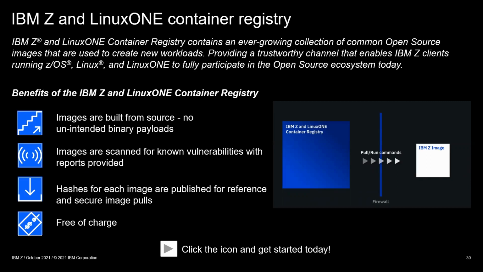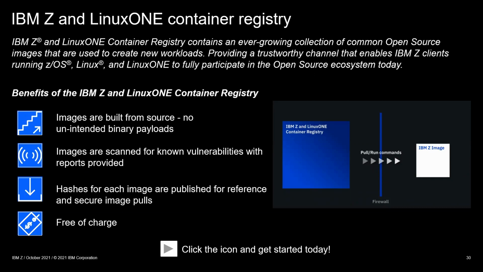And so IBM has provided a set of vetted images out there in the IBM Z and LinuxONE container registry. You can basically click on the icon here in the presentation to get started with your own LinuxONE container registry, and there are step-by-step directions about exactly what to do. Again, it's on a trusted channel.